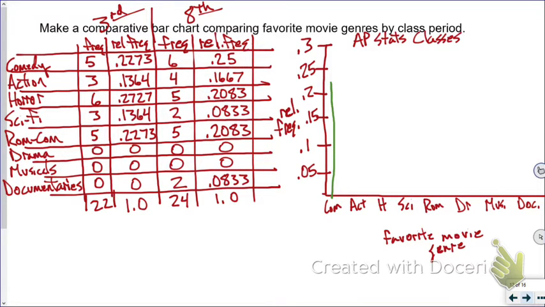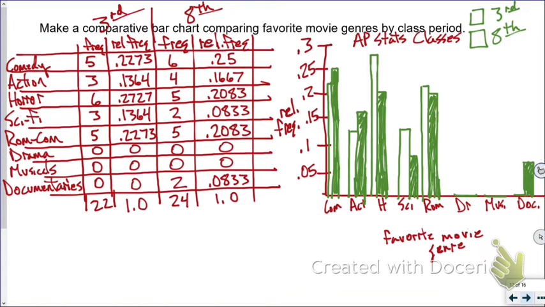Ooh, this is going to be very close. So I need to know which is which. So I'm going to come up here. I'm going to say blank is 3rd and shaded is 8th. So I'm going to hit pause, speed up the video, and make a bunch of bars.